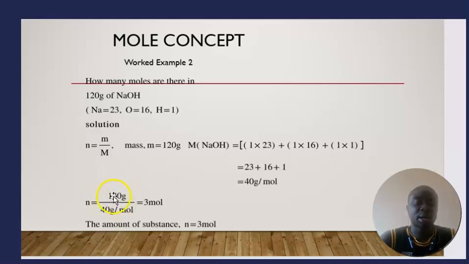So we say that our mass, which is 120 gram, over our molar mass, which is 40 gram per mole, the answer is 3 moles. So therefore, the amount of substance is 3 moles. I hope it's understood, and when you constantly practice and solve more questions, you understand it more.